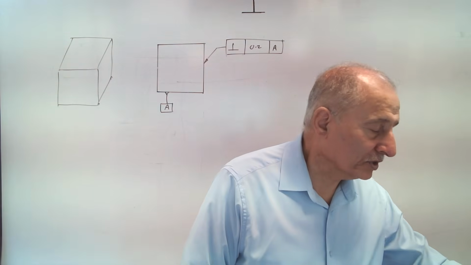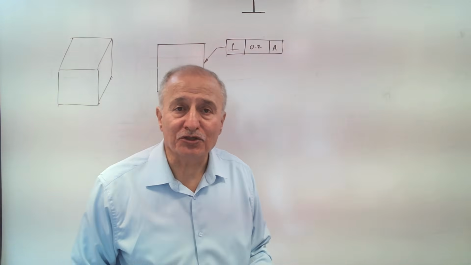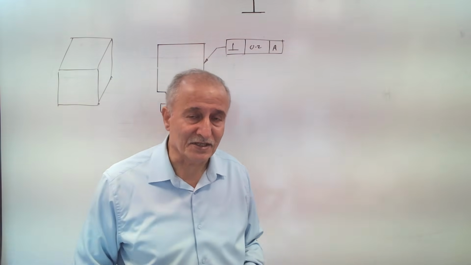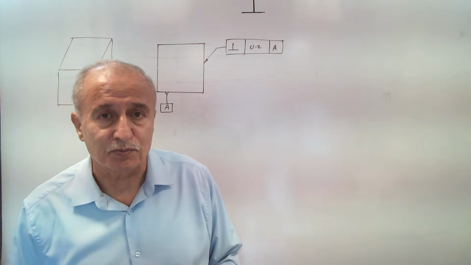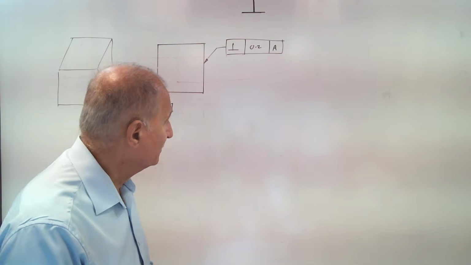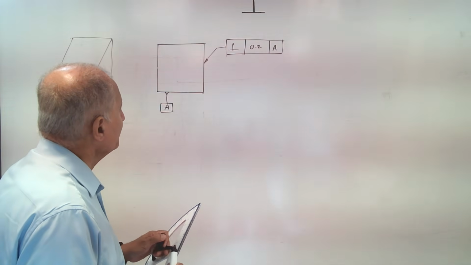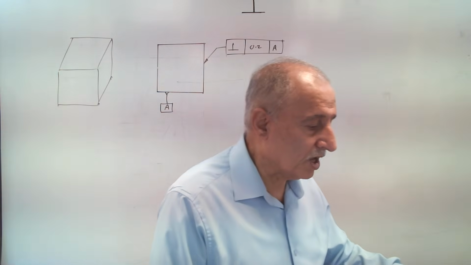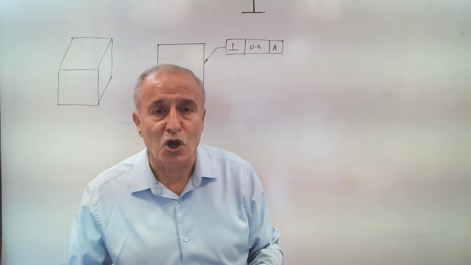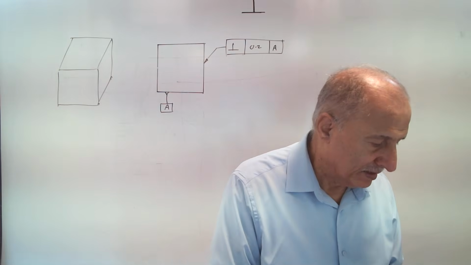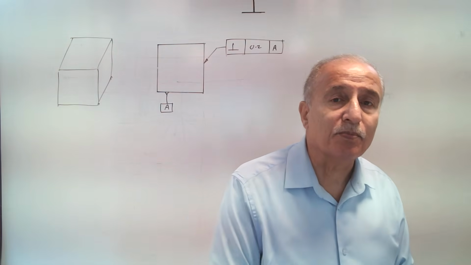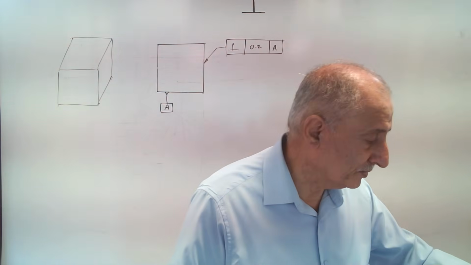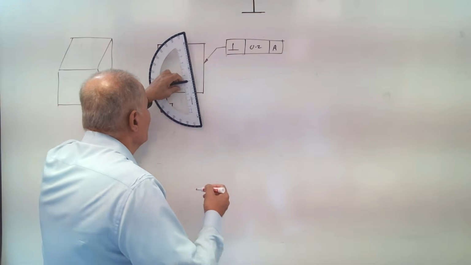And according to geometric dimensioning and tolerancing ASME Y14.5, it means that this surface must lie inside a zone. And that zone must be perpendicular to the datum, not the surface.